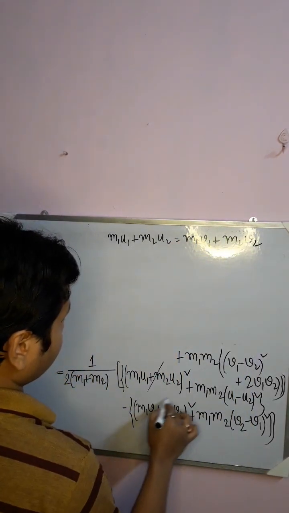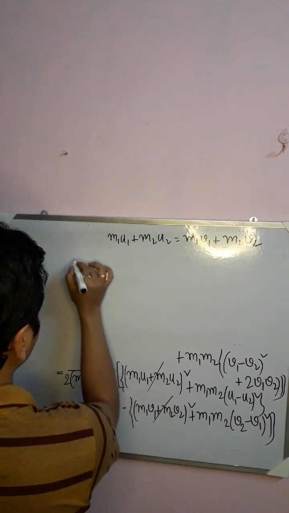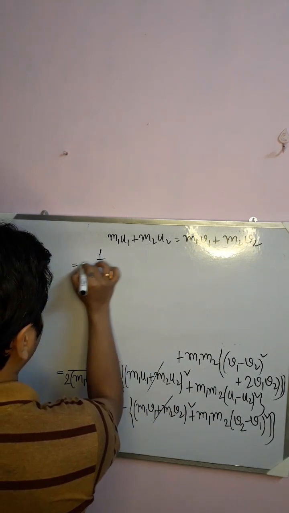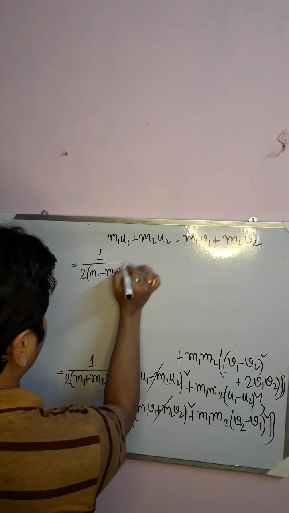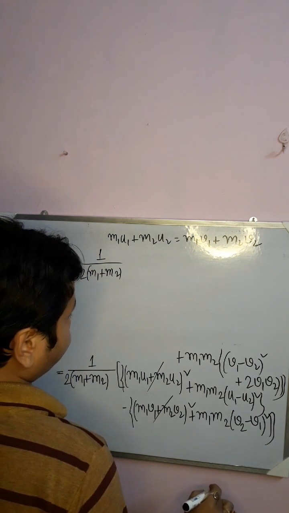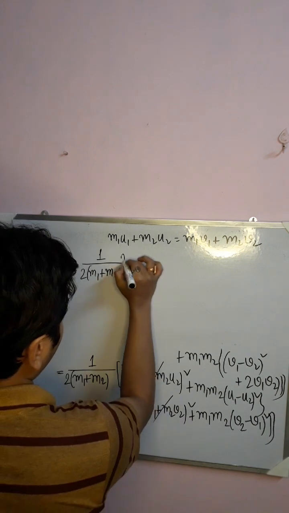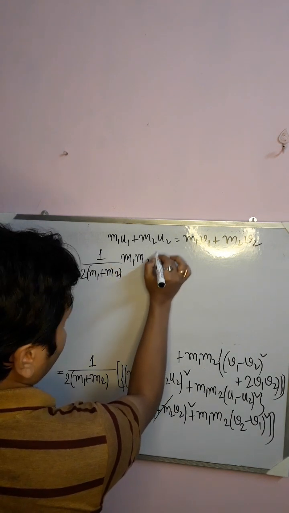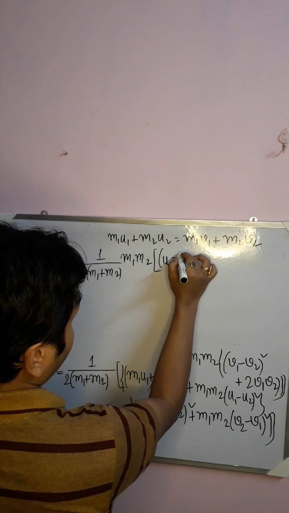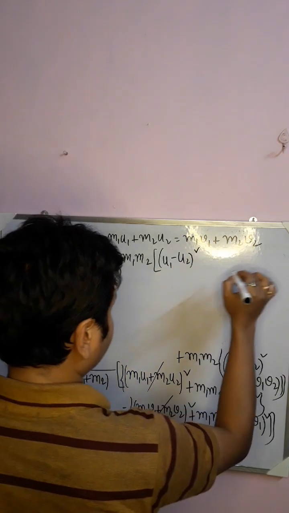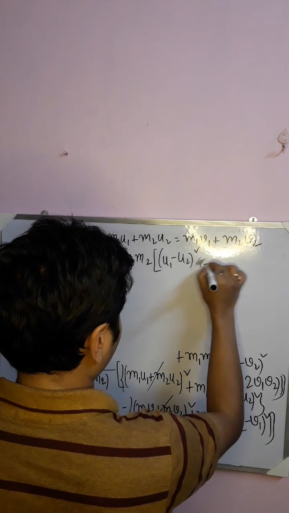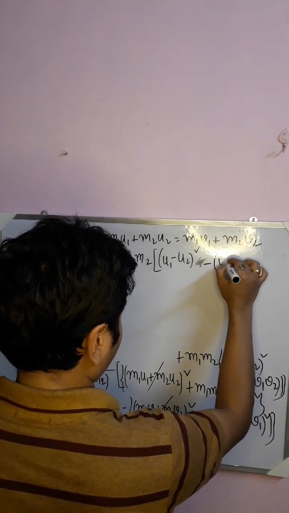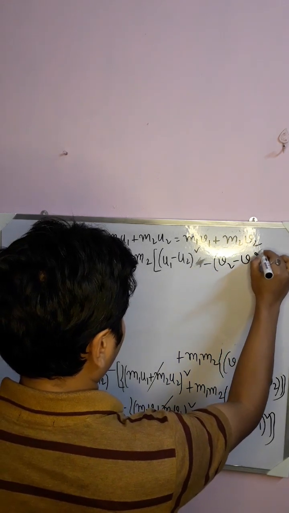So this cancels. So what we can write is 1 by 2 m1 plus m2, and if we take m1 m2 common, there will be u1 minus u2 whole square minus v2 minus v1 whole square.